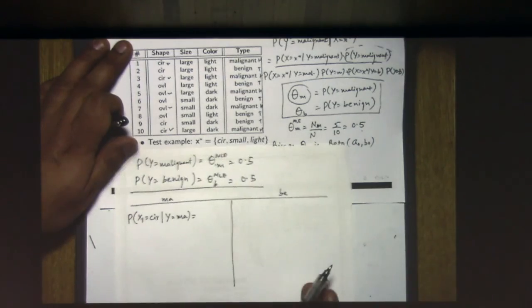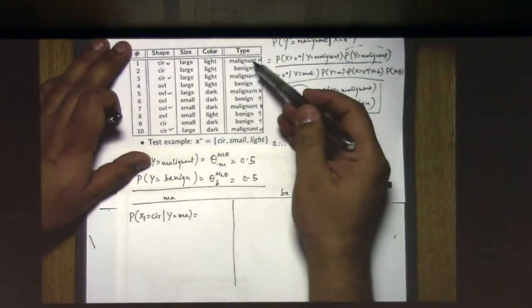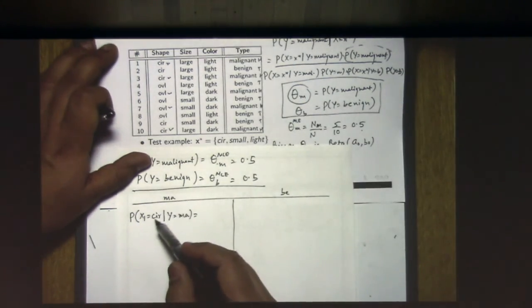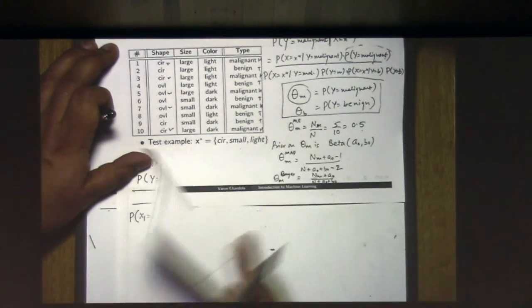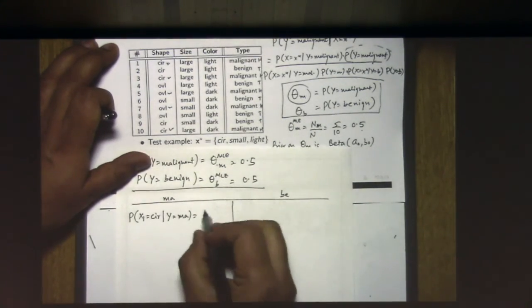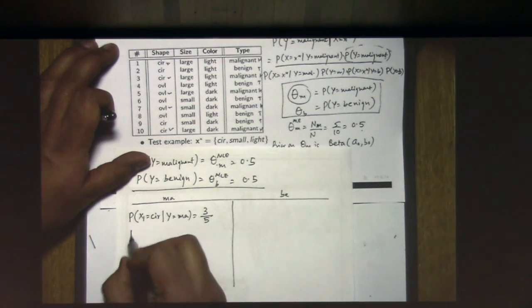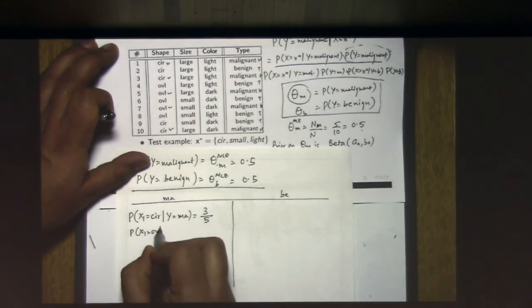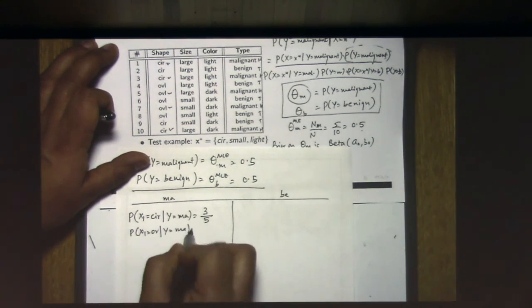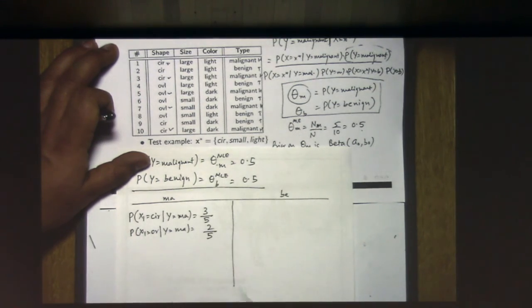Let's look at the malignant examples and how many times did I see circular, right? I did that earlier. I think it was 3 by 5. And then of course the probability of x1 to be oval given y equal to malignant will be 2 by 5, right?